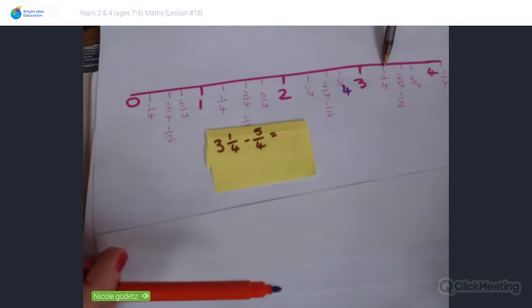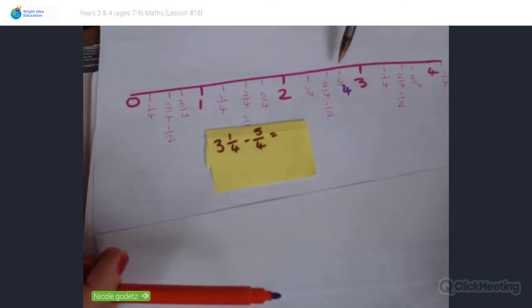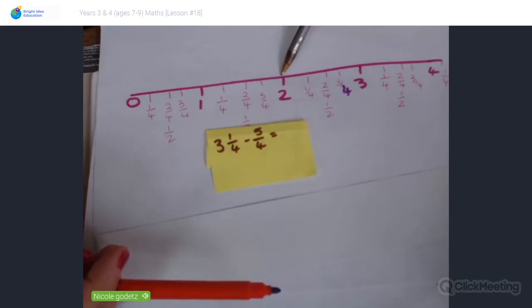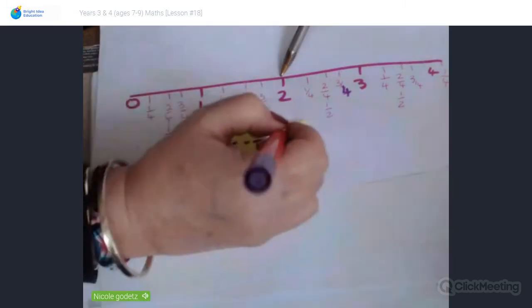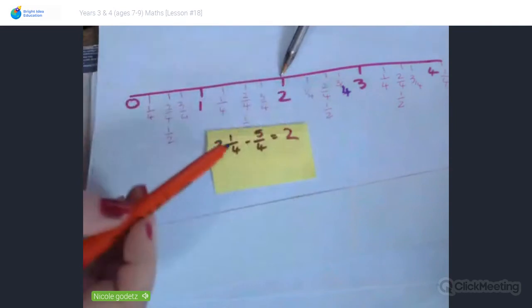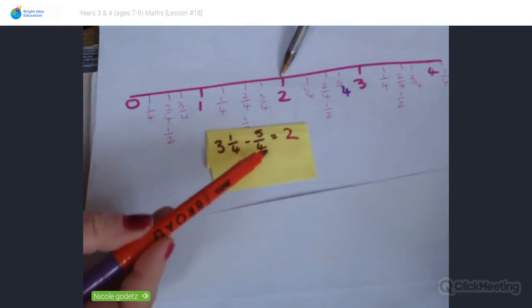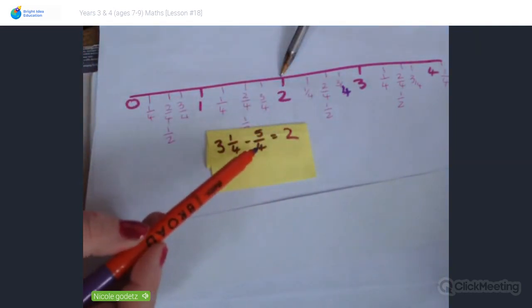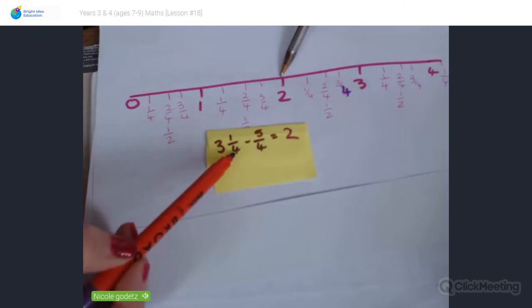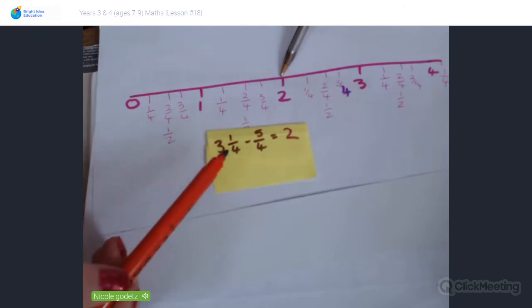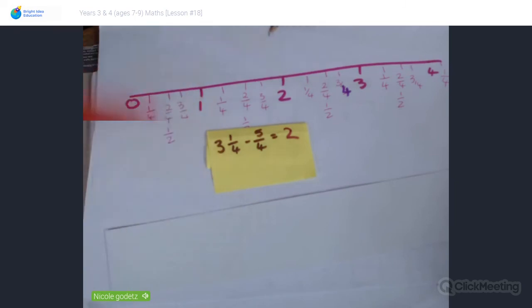So let's jump back: 1, 2, 3, 4, 5. And it got us back to 2. So the answer is 2. And we can see that because 5/4 is a whole 1 and 1/4. So we can take that 1/4 away and take a whole 1 away, and we get to 2.